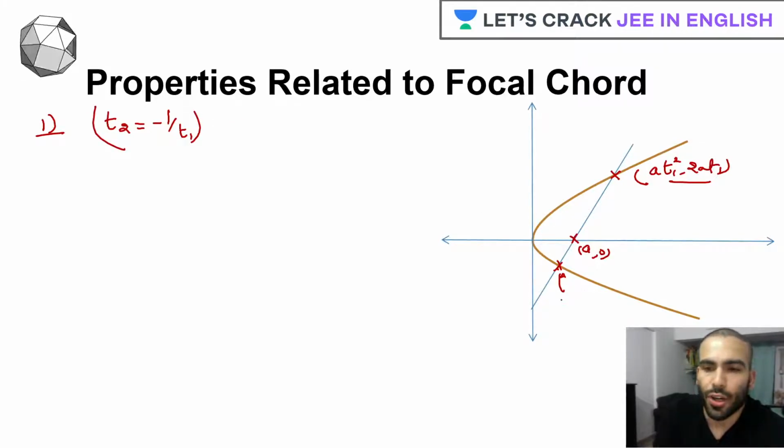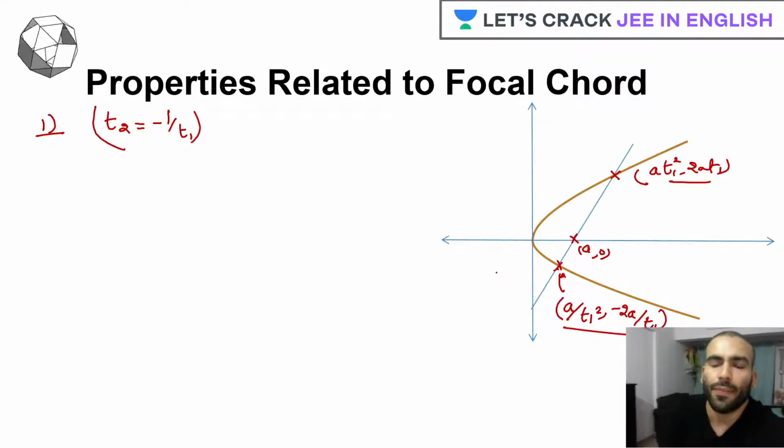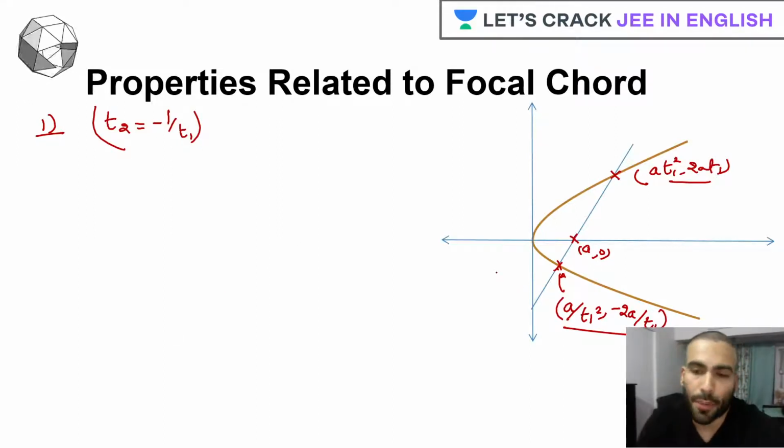So this point's coordinate will be a upon t1 square comma minus 2a upon t1. Okay guys, this is one of the most important properties, where you can reduce the number of variables included in the question. If you know this property, instead of having 2 variables t1 and t2, you can have only 1 variable t1.